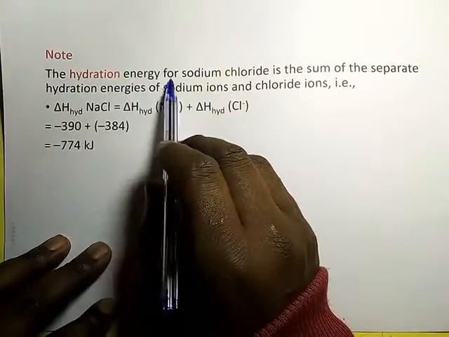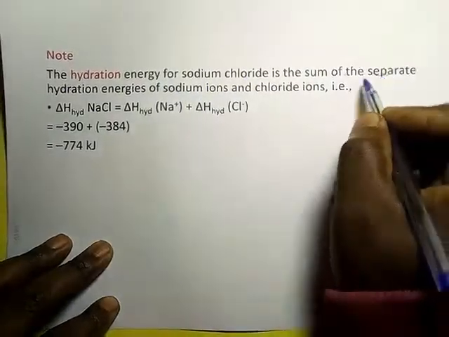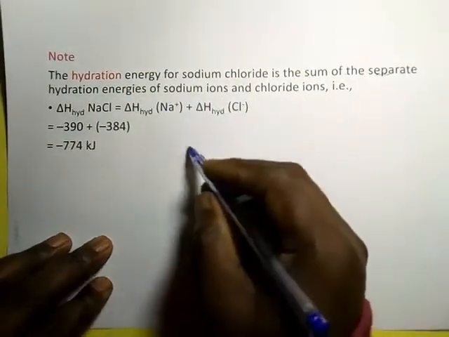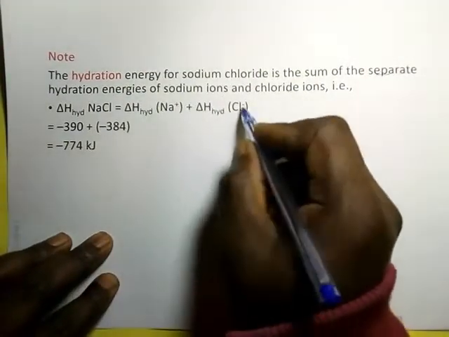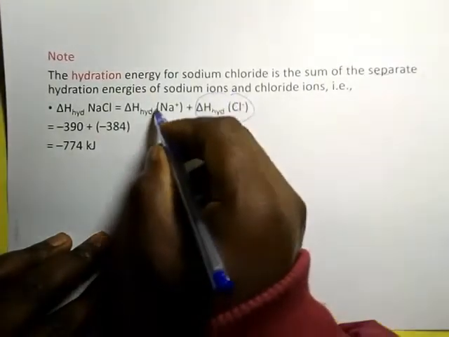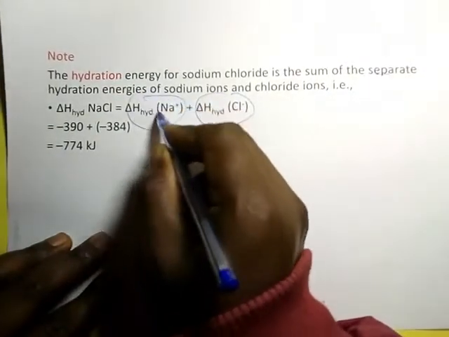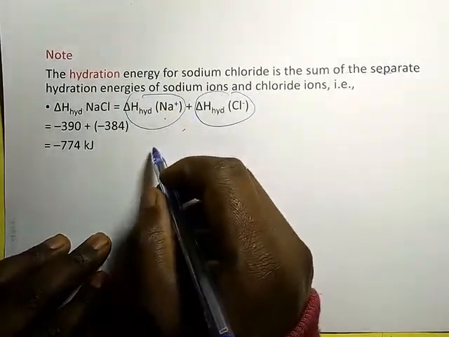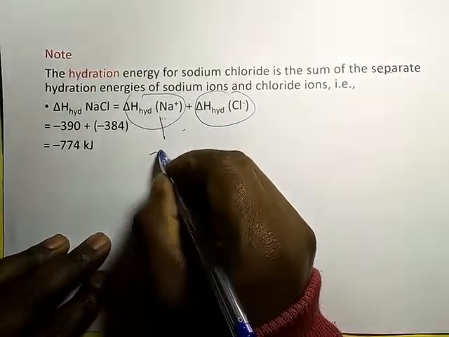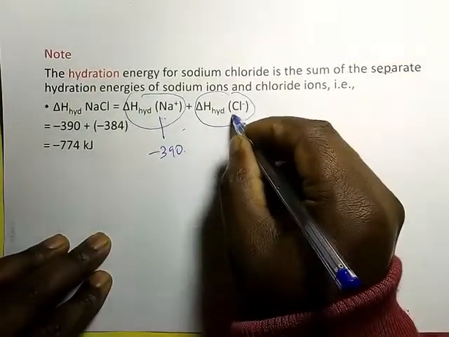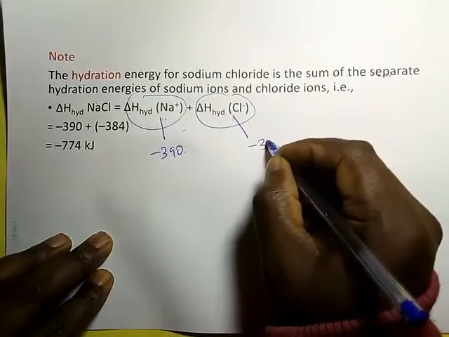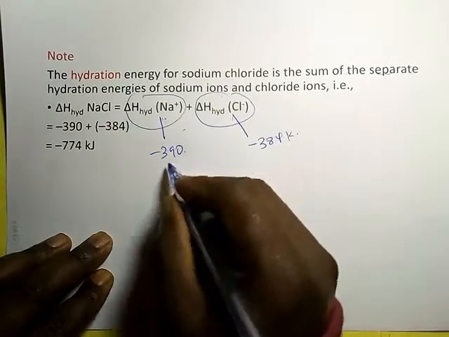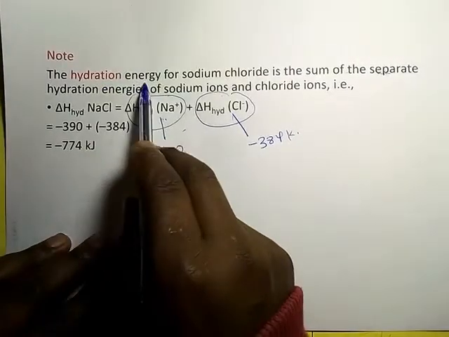The hydration energy of sodium chloride is the sum of the separate hydration energies of sodium ions and chloride ions. In an exam, you may be given the hydration energy of chloride ions alone and of sodium ions alone. To get the total, you add them. For example, this one is negative 390 kilojoules per mole and this one is negative 384 kilojoules per mole.